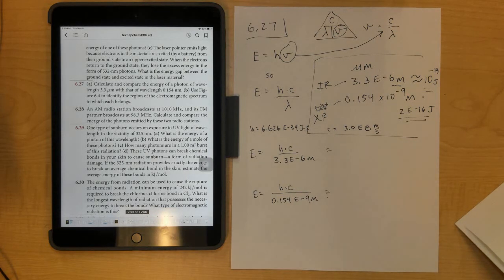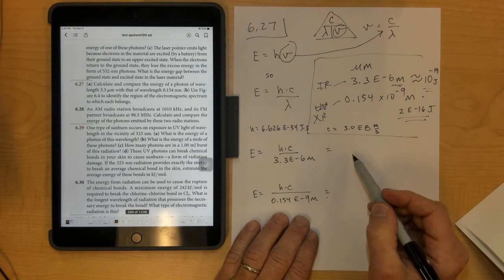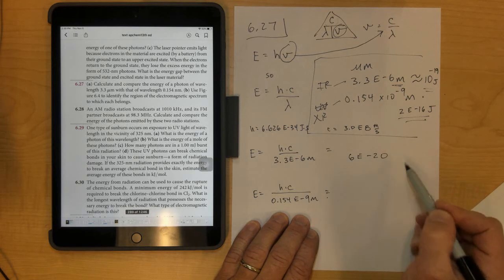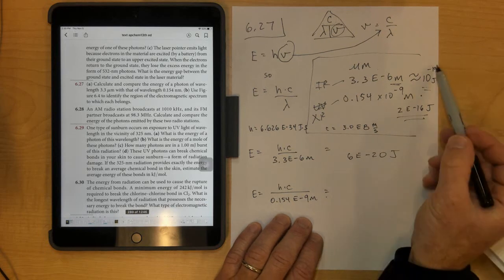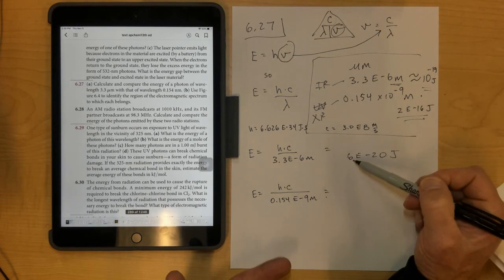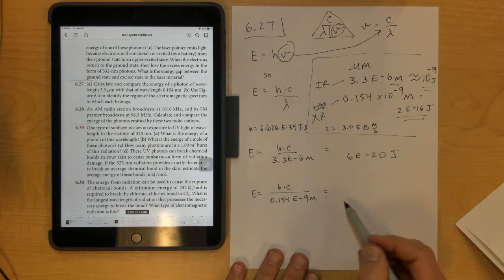So looking to put these into your calculator, go ahead and give it a try. You should end up with joules of about 6 times 10 to the negative 20th. So did we get close to 10 to the negative 19th? Yeah, we're 6 times 10 to the negative 20th. So 7, 8, 9, 10 to the negative 20th is 10 to the negative 19th. So we got close.